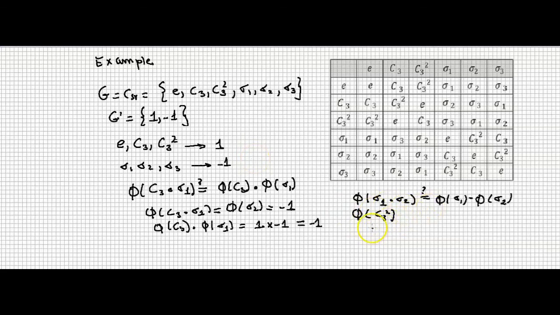Okay. And phi of sigma 1 multiplied by phi of sigma 2: phi of sigma 1 is minus 1, and phi of sigma 2 is minus 1. So it's equal to 1.